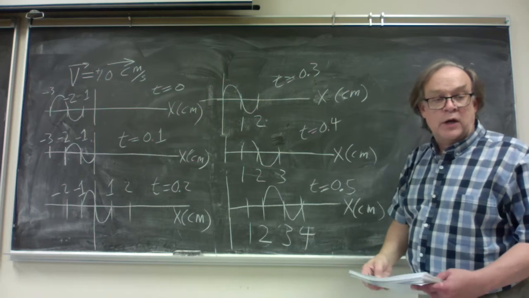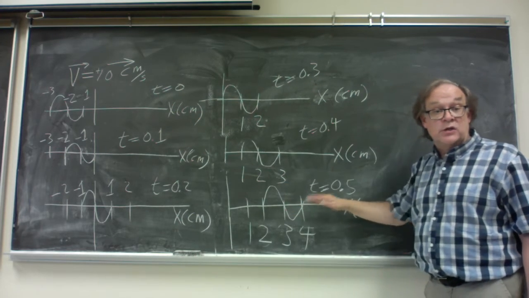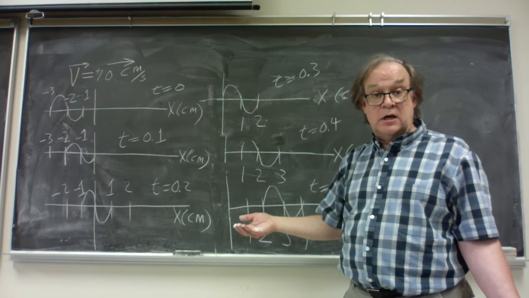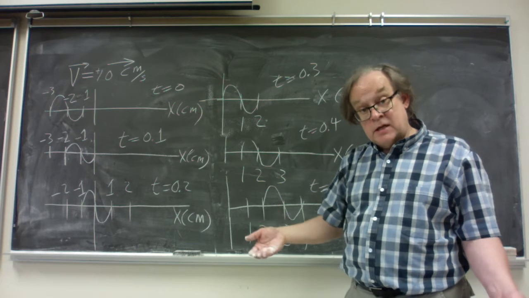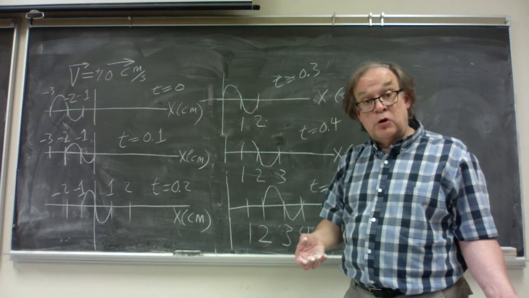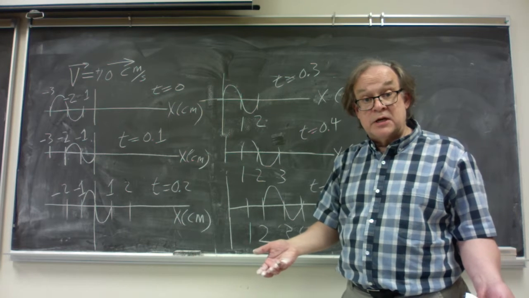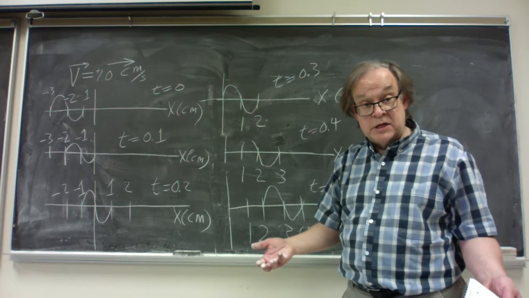Or to put it another way, just compare the very first snapshot in this series with the last snapshot. They're 5/10 of a second apart. In each 1/10 of a second, the pulse moves 1 centimeter. So in 5/10 of a second, the pulse should have moved 5 centimeters.